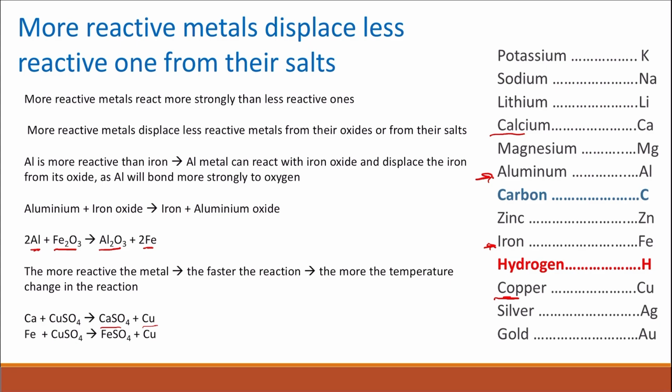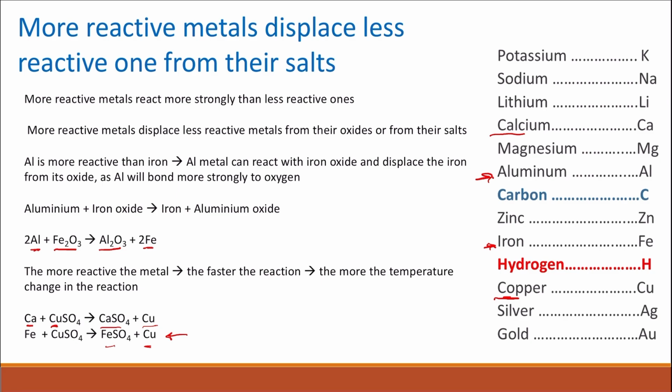Also, iron is above copper in the reactivity series, so it can react with copper sulfate to give you iron sulfate and copper. However, calcium is more reactive than iron, so the rate of the reaction of calcium with copper sulfate will be faster, and the change in the temperature for this reaction will be more than the change in the temperature for the reaction between copper sulfate and iron.